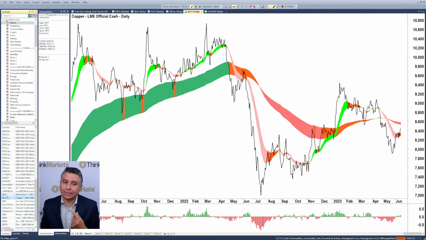Copper did get a bit of a rally, didn't it? And I won't go to the high-grade copper chart, but we did talk over the last couple of weeks about moving any short positions we had there to a neutral, break-even level, and you're probably out at break-even on that short trade. Does that mean you go long here? No, I don't think you can go long, because I think the long-term trend is still very much under pressure.